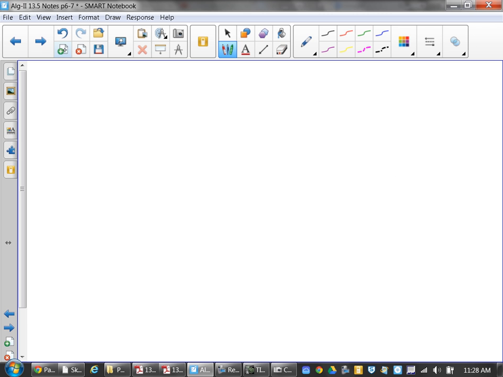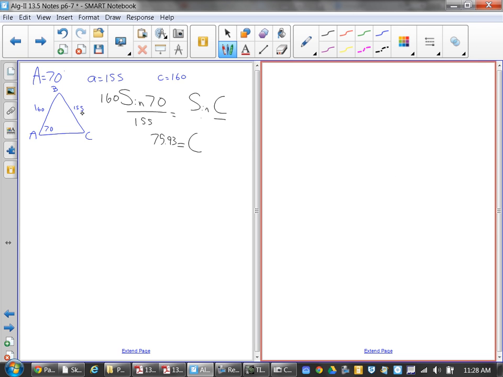Which means, if you were looking at it in terms of where the values of sine are positive, that 75.93 is here, and it also would be here. Do you agree? What's this other angle have to be? How do you find that?